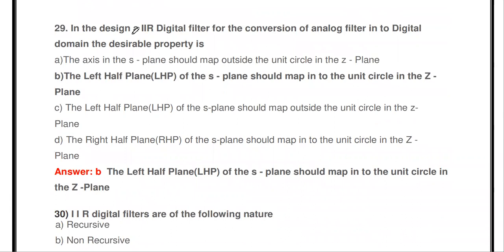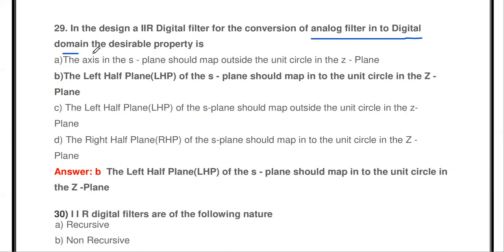The next one: in the design of IIR digital filter, for the conversion of analog filter into the digital domain, the desirable property is dash. While converting an analog filter into the digital domain, what property do we have to follow? The axis in the S plane should map outside the unit circle in the Z plane? The left half plane of the S plane should map into the unit circle?